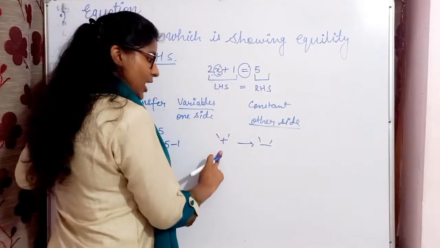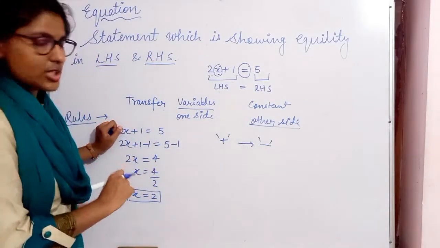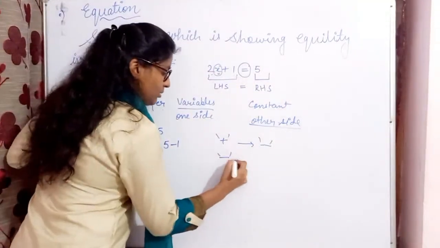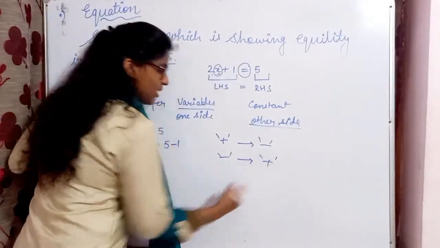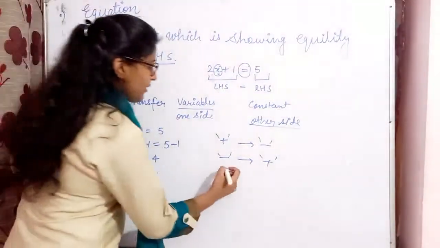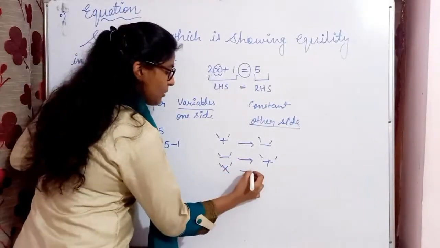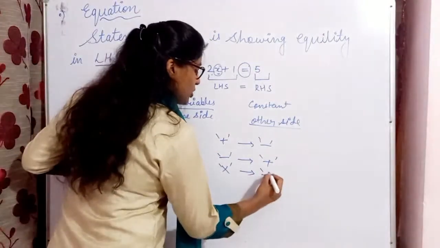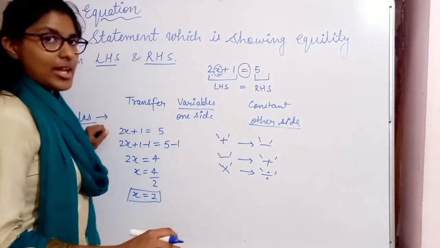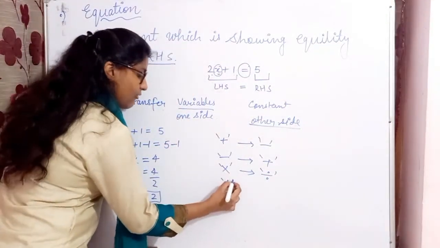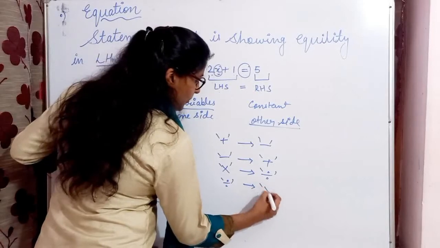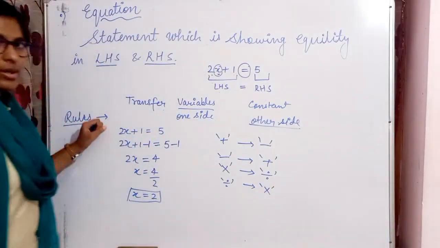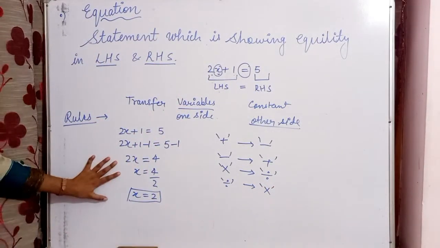A positive number or variable converts into a negative number or variable, and a negative number or variable converts into a positive one. If a number or variable is multiplied with another, when we transfer it, it is converted into divide. And when it is divided, when we transfer, it converts into multiply.